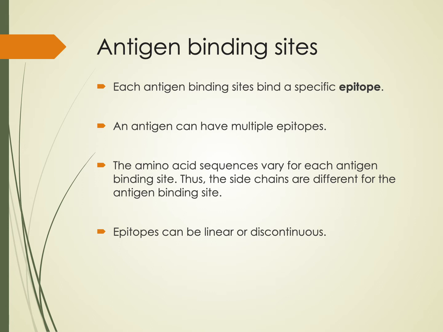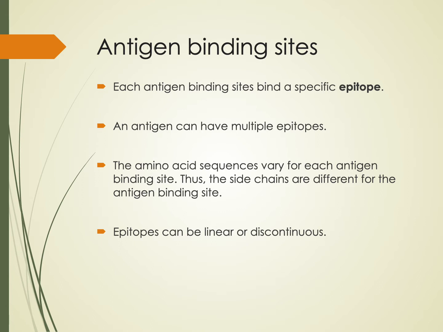Other things can act as antigens, such as carbohydrates and nucleic acids. The specific molecules and atoms have to be present in order to bind to the antigen binding site. An antigen can have multiple epitopes, so there can be multiple B cells and T cells that recognize different locations on that antigen.